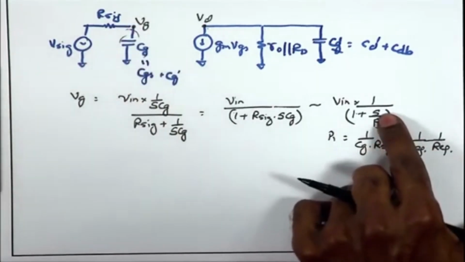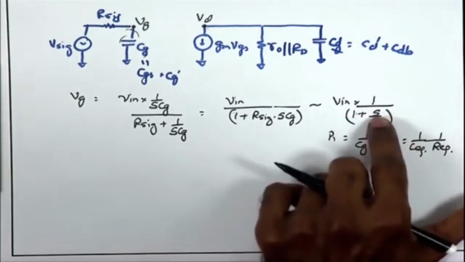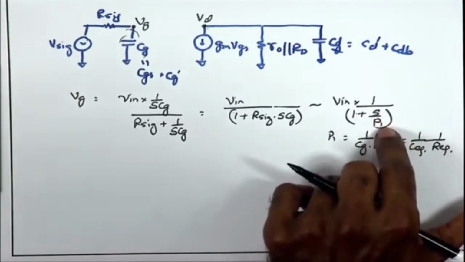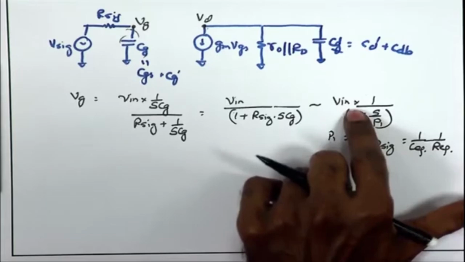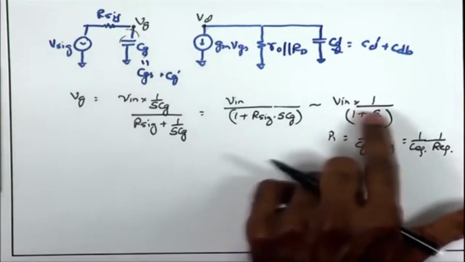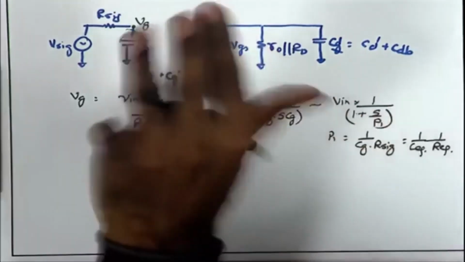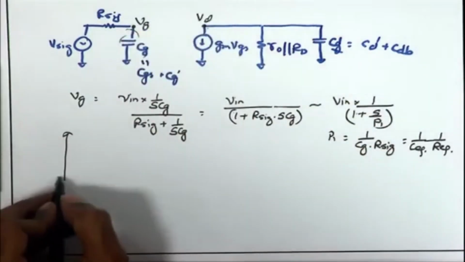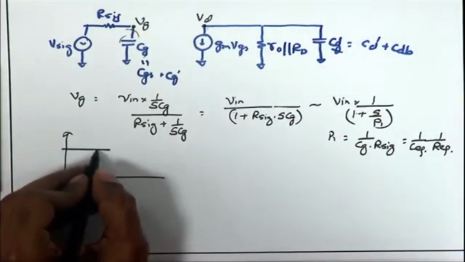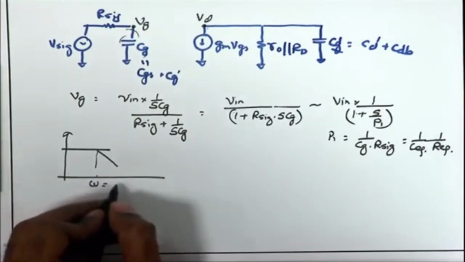As S increases, when S becomes much larger than P, you have a gain decreasing with S, that is, the magnitude of the gain is decreasing with omega. As a result, you get a fall in the overall gain after you hit omega equal to P.